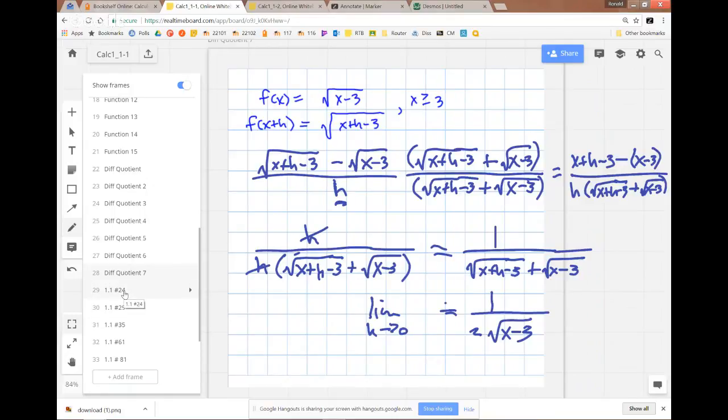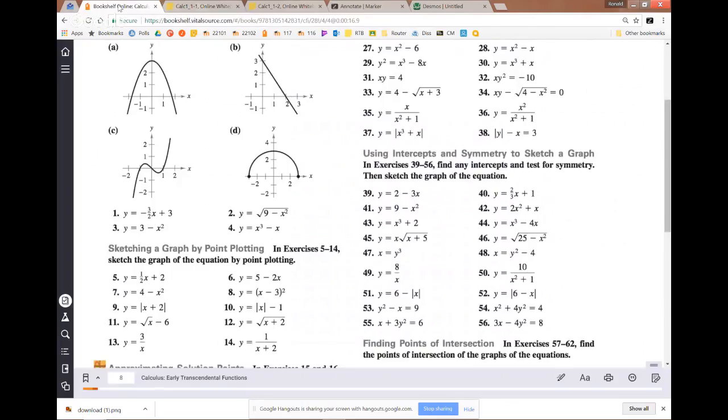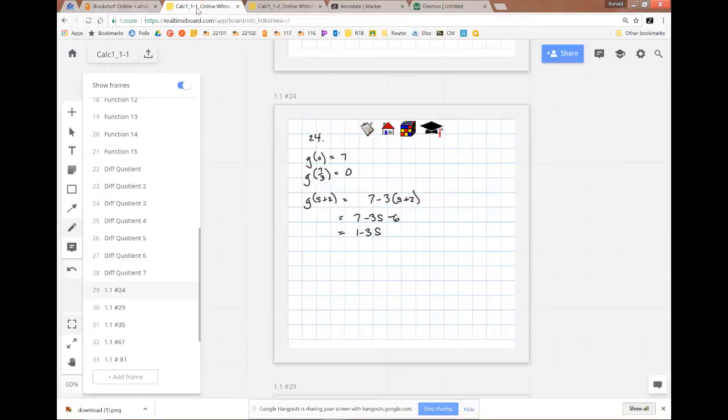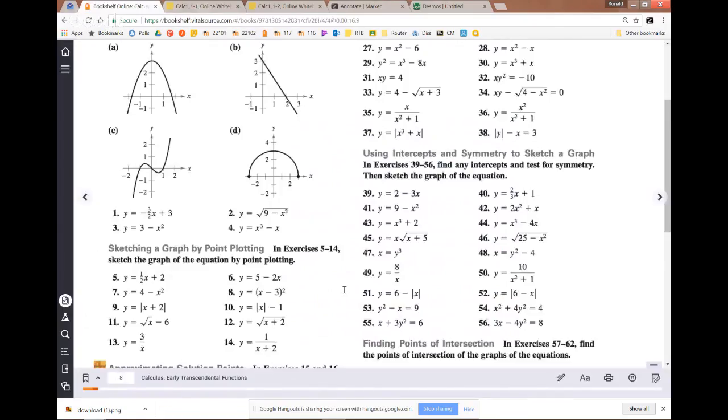So let me just check here. I can't remember where this is from. I think we're going to wait with that. Let me just see where they ask you to do the difference quotients here.